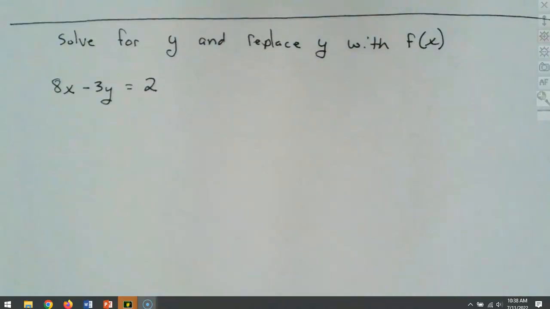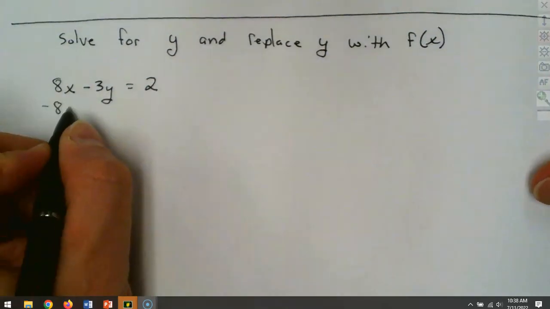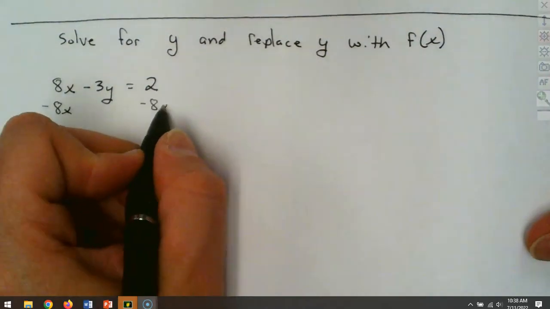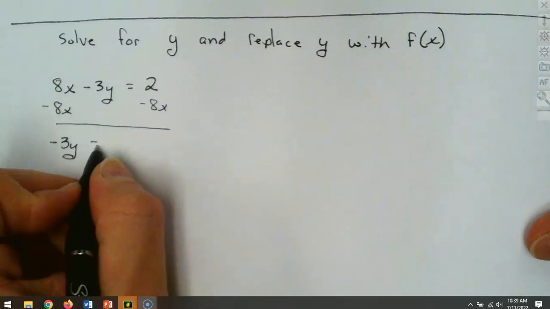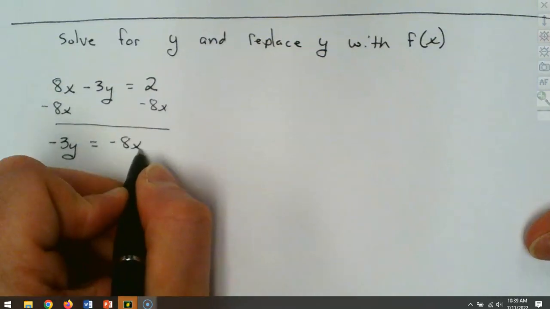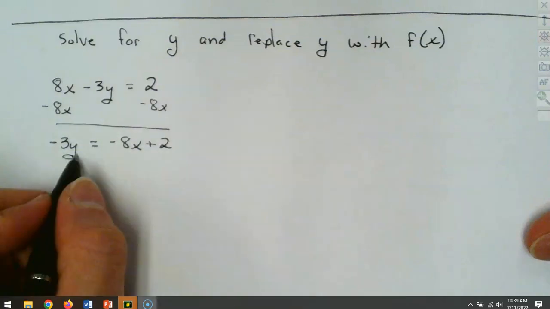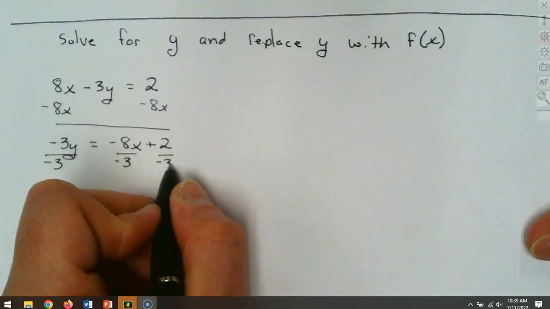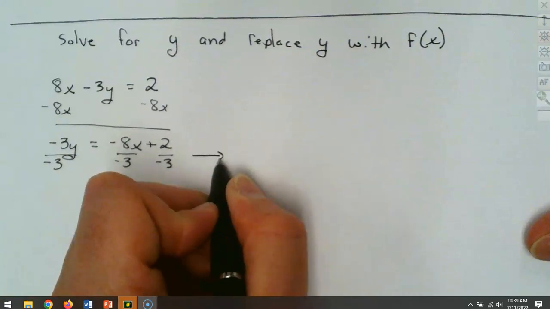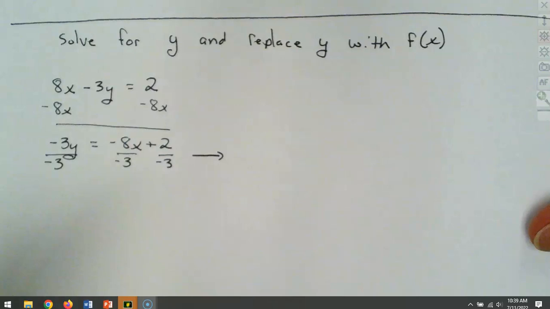And so all we need to do is solve it for y. And then we replace that y with f of x. So nothing new here. We move that 8x over. So minus 3y equals a minus 8x plus 2. We divide by our negative 3. And so now we have solved it for y.